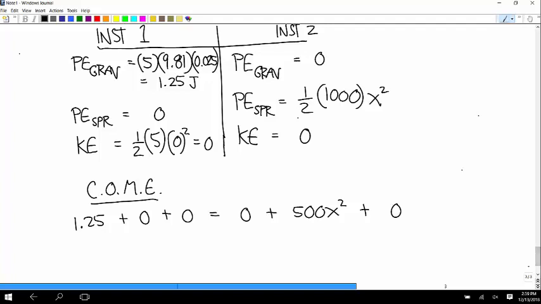And that is, exactly. So is that going to come out right? So x is equal to 0.05 meters.